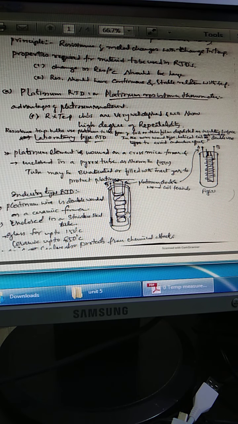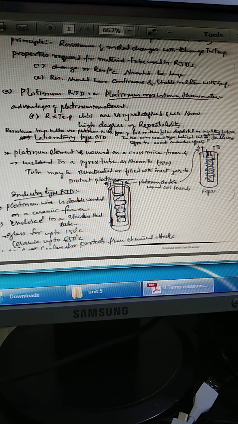This figure shows the industry type RTD. In this industry type RTD, platinum wire is wound as a double layer on a ceramic former, which is like an insulator in the insulator string in a distribution or transmission system.